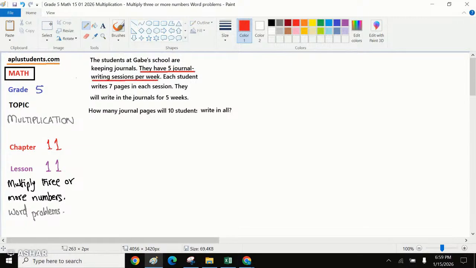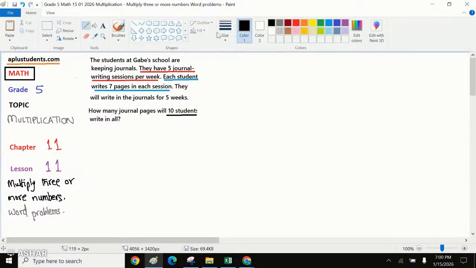And each student would do certain work. Each student writes 7 pages in each session, right? 5 weeks. So they will write in the journal for 5 weeks. How many journal pages will 10 students write? If there are 10 students, how many pages will they write together?